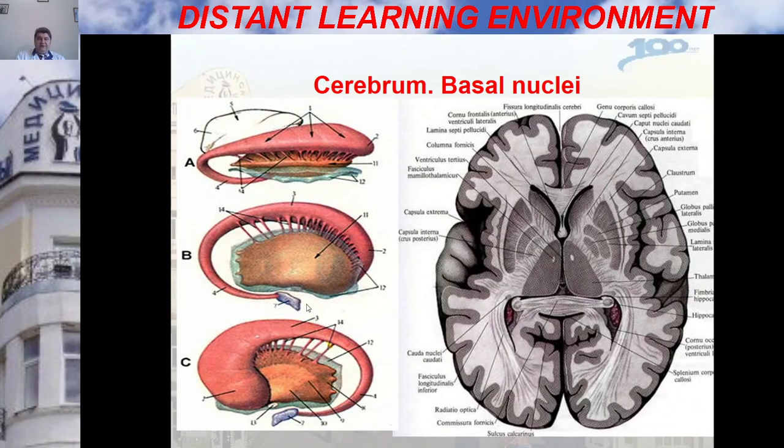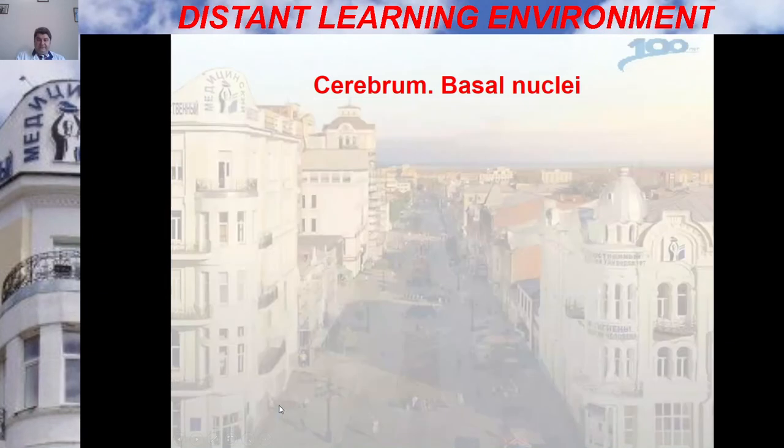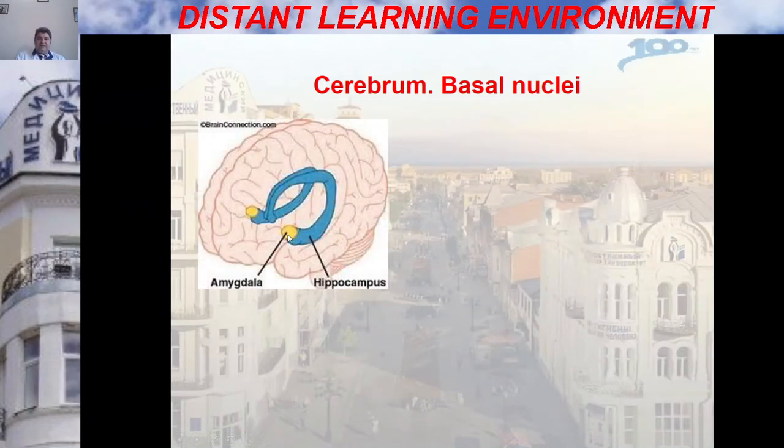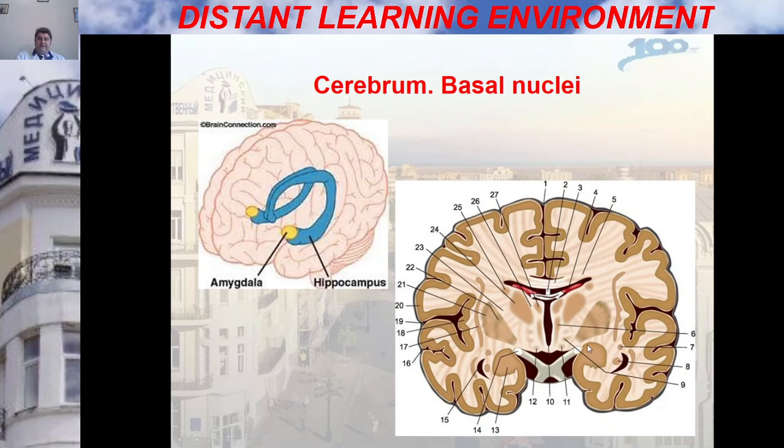So, on this picture number 7, you may see the amygdaloid nucleus, corpus amygdaloidum, or epistriatum. You may see it also on this picture in number 13. The amygdaloid nucleus or epistriatum lies under the putamen in the anterior end of the temporal lobe.